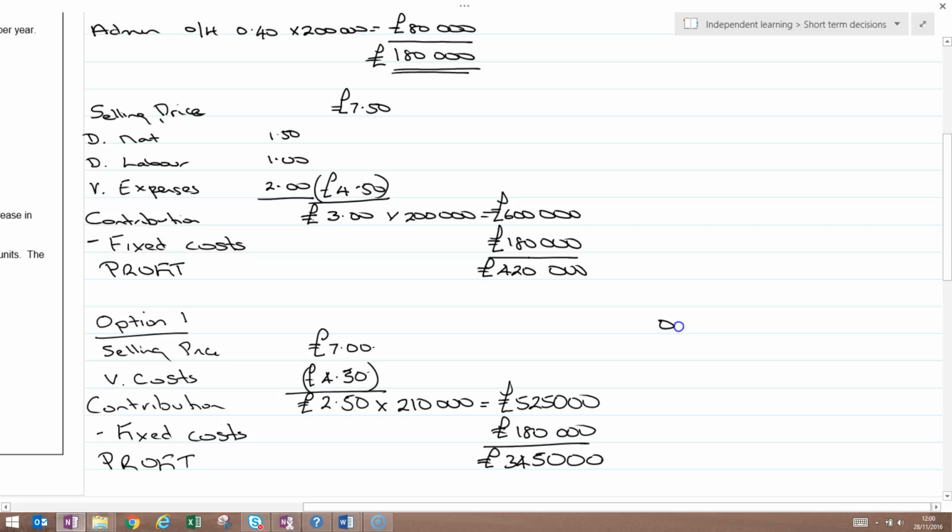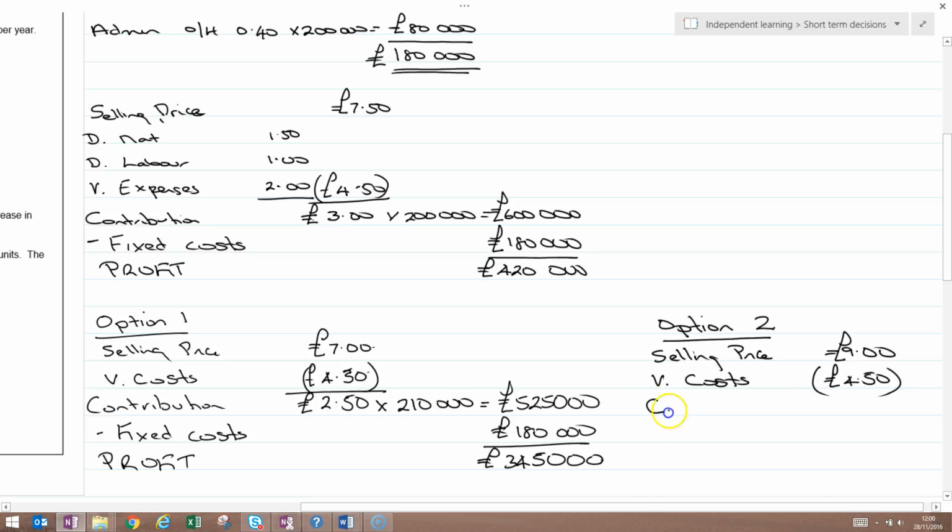Option 2, if I put it alongside option 1, selling price has now increased to £9. The variable costs, we've not been told that they're going to change, so we assume they stay the same at £4.50.